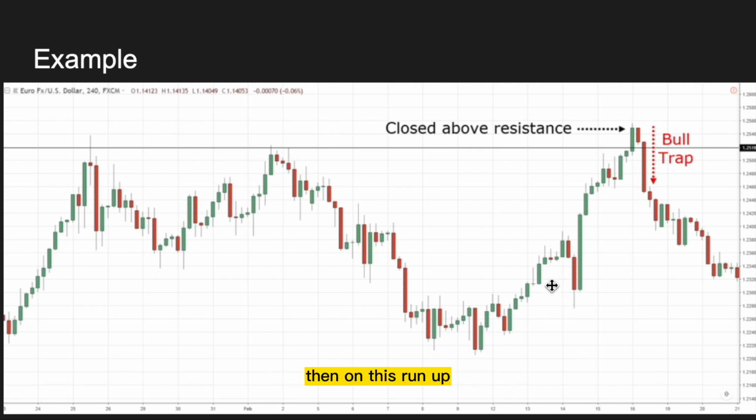Then on this run up, we had a nice strong run up. Everyone's getting really bullish. They're trying to hop in. You finally see that close above the resistance level, and that just gives the bulls confirmation that their bias is correct.